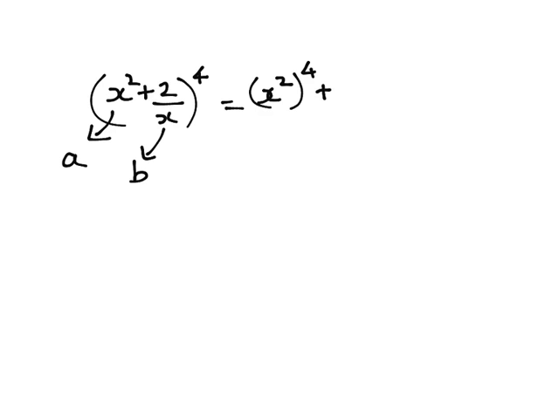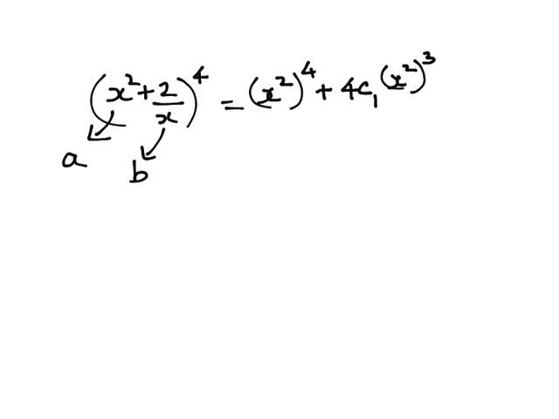plus the second term is 4c1, right? So 4c1, then the x² power 4 will become x² power 3, right? The power of the first term will reduce by 1.